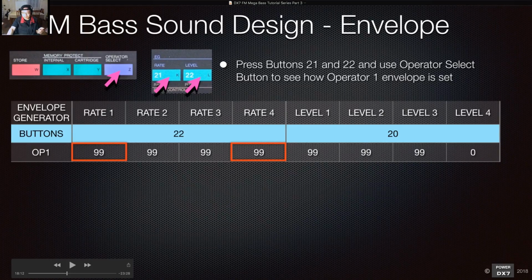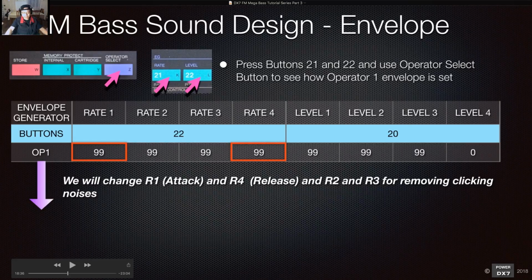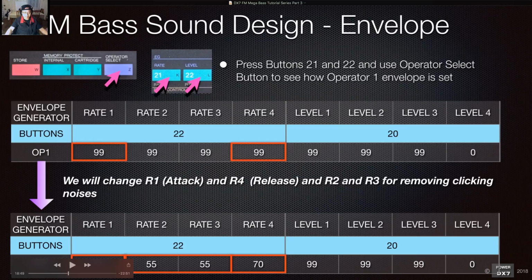From level 1 to level 3, it's 99. So that's what you get. We don't really need to go into detail checking the envelope. What we're going to do is change rate 1 attack and rate 4 release, and rate 2 and rate 3 for removing clicking noises.